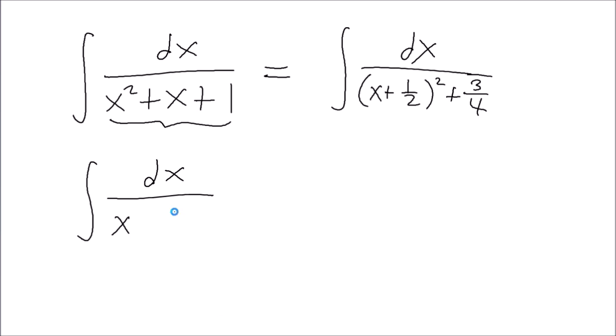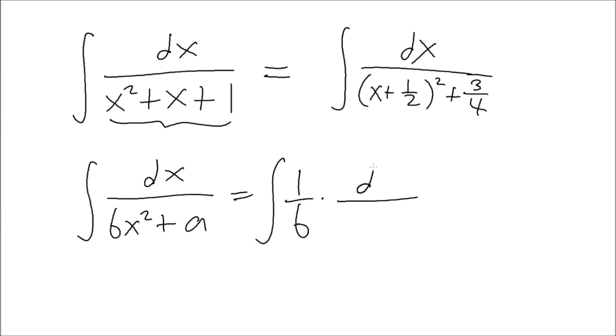Another similar thing is, sometimes you'll have bx squared plus a. Then what you would need to do is isolate this x squared, so we'll go ahead and factor it out. So we have b, and we have dx, and we have x squared plus a over b.